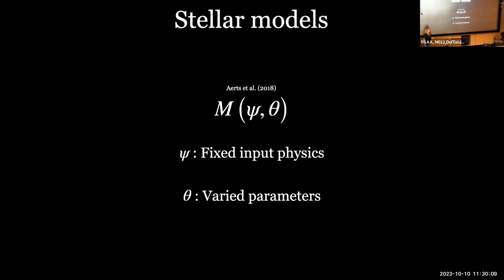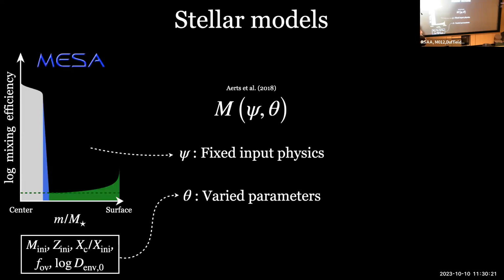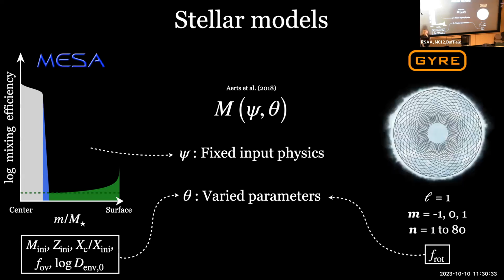The way we can define a stellar model is that it's a function of some fixed input physics and some parameters that we're varying. The fixed input physics could be the shape of this internal mixing profile. On top of that, we're varying the masses, the ages, metallicities, and how much mixing there is in the star.